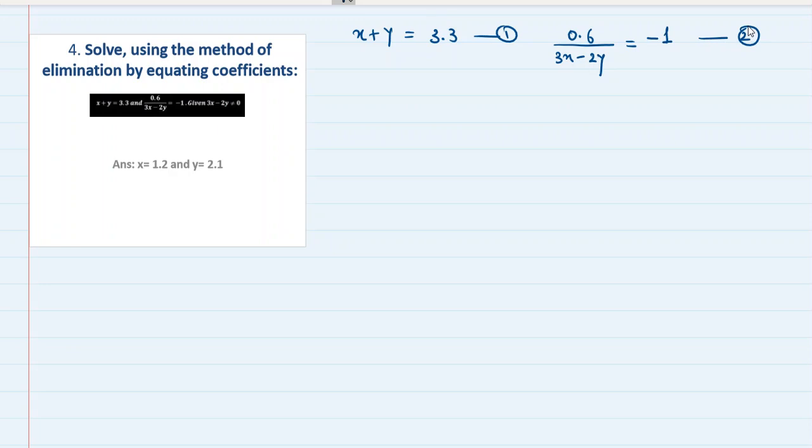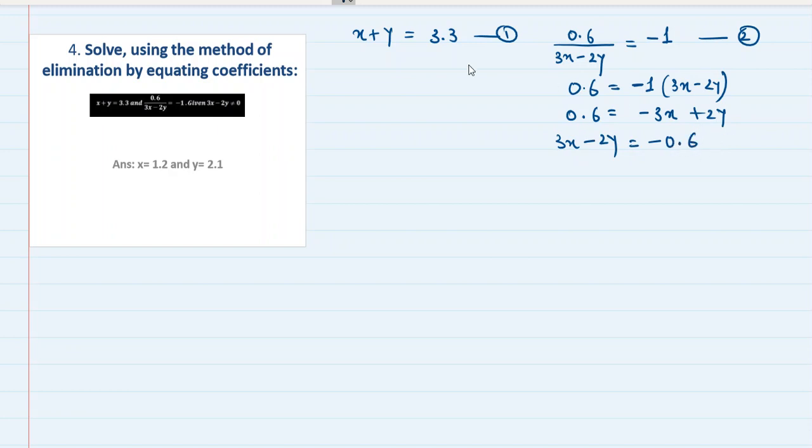Before we go and solve them, I would like to bring equation number 2 in a much simpler form. I'll shift the denominator to the other side. It will become minus 1 multiplied by 3x minus 2y. So 0.6 is equal to minus 3x plus 2y, or you can say 3x minus 2y is equal to minus 0.6.